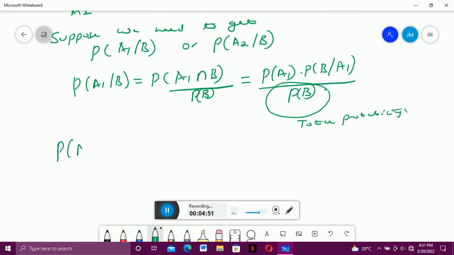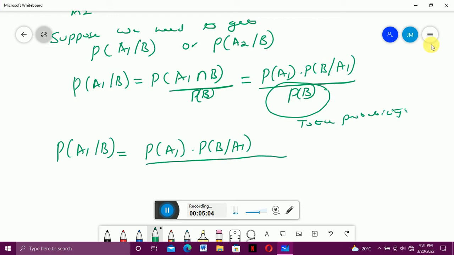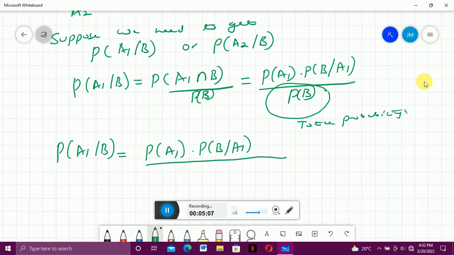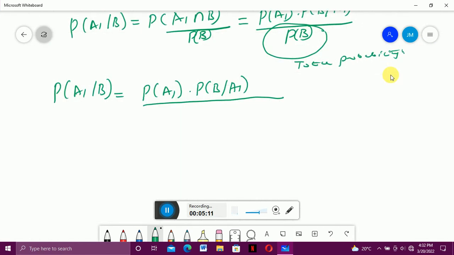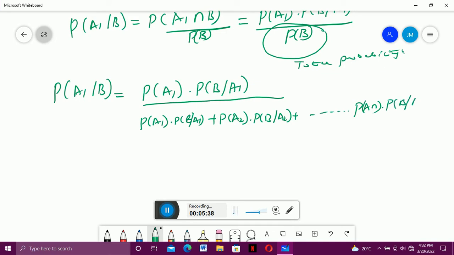So the probability of A1 given B is the probability of A1 times the probability of B given A1, all divided by the probability of B, which is the total probability: the probability of A1 times the probability of B given A1, plus the probability of A2 times the probability of B given A2, plus the probability of AN times the probability of B given AN.